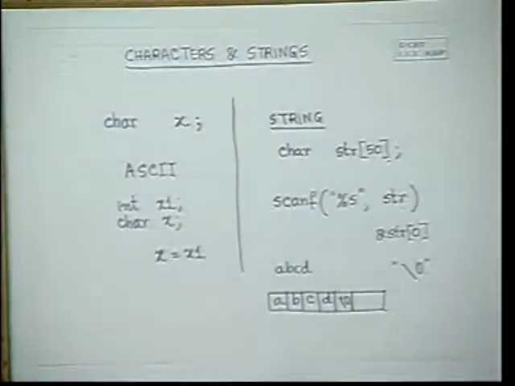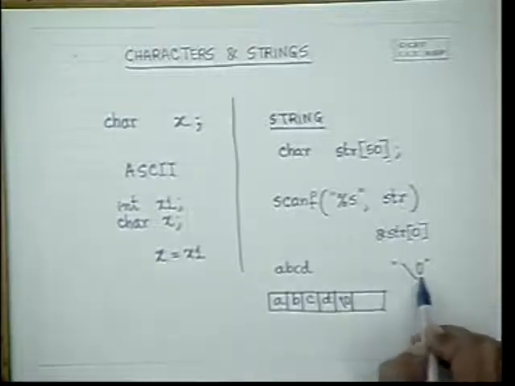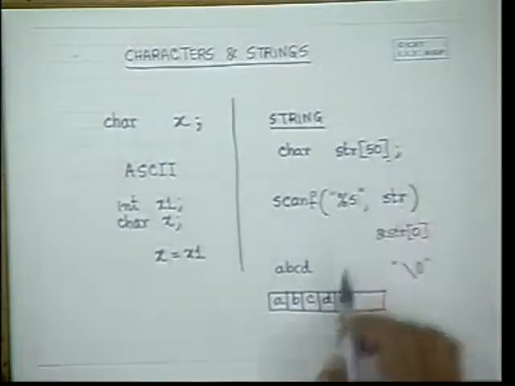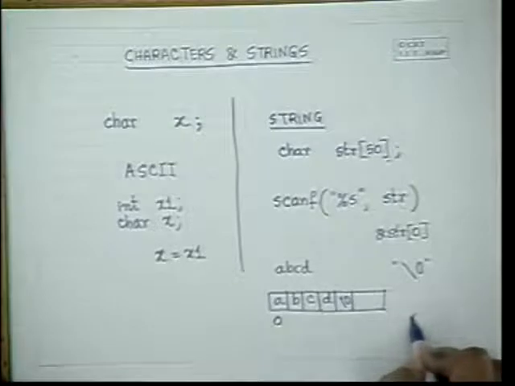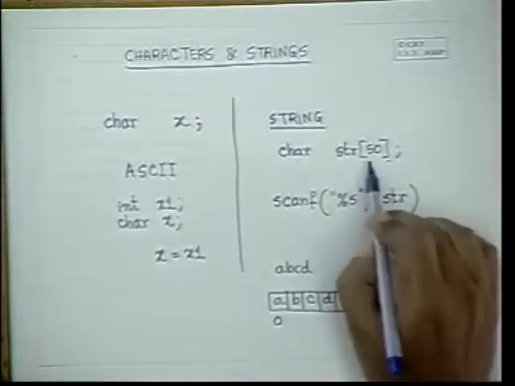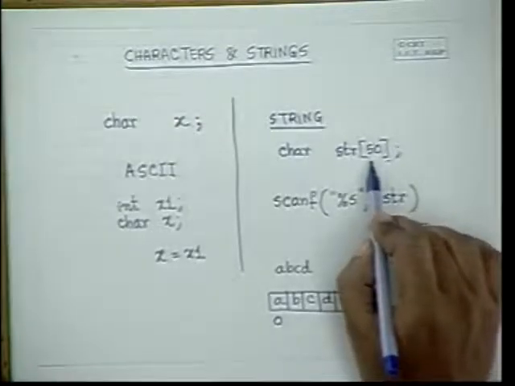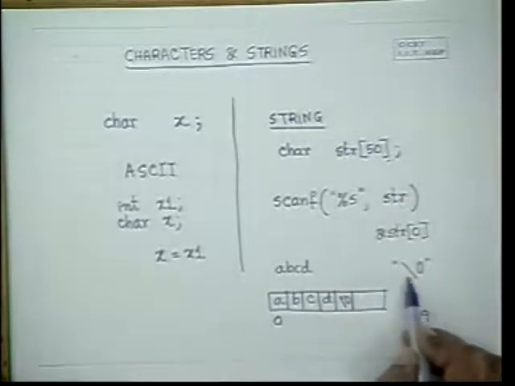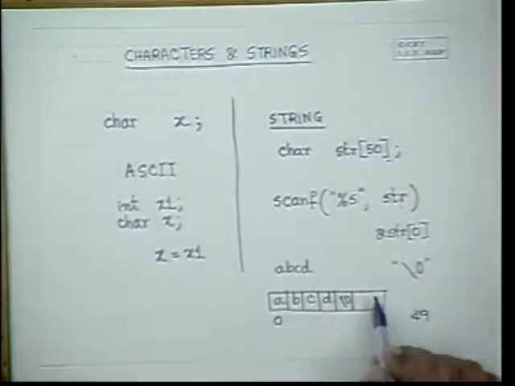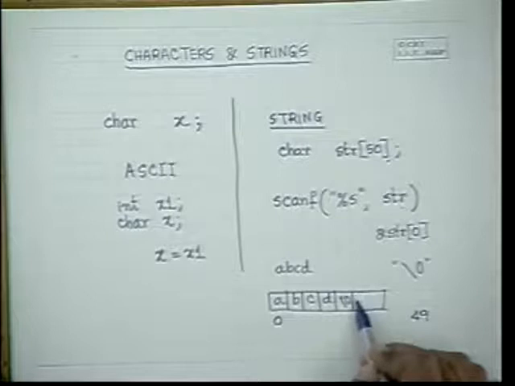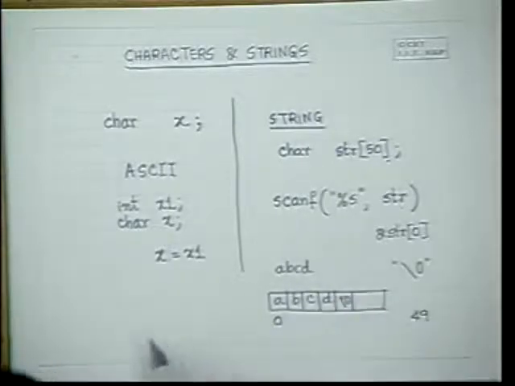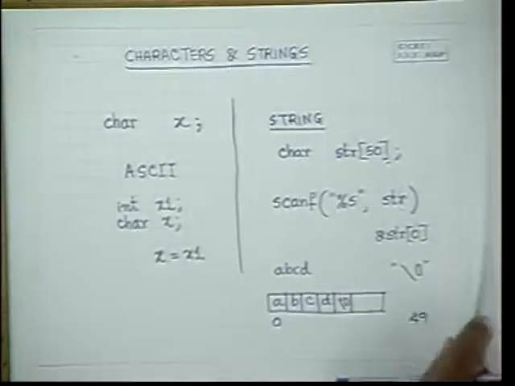All strings are ended with an end marker like this. So if you declare a string of size 50, which means an array from 0 to 49, make sure that your string does not exceed the size so that the \0 cannot fit in. The \0 must be put into the string. Similarly, like scanf, for strings you can use the printf command.